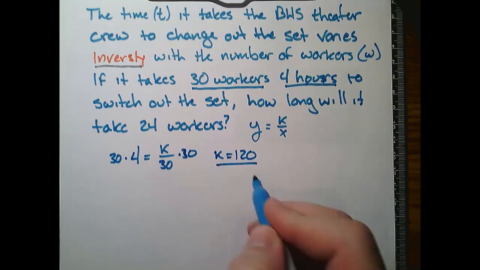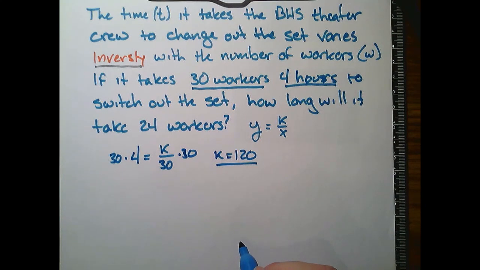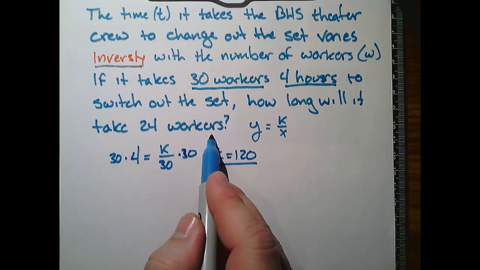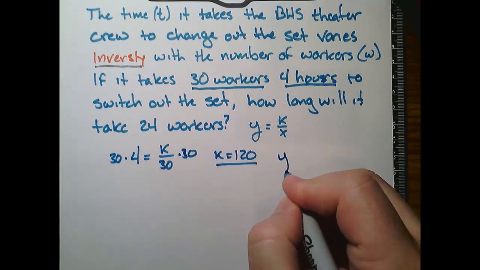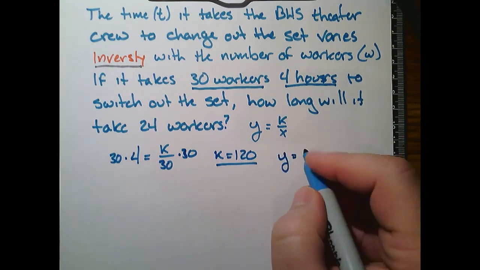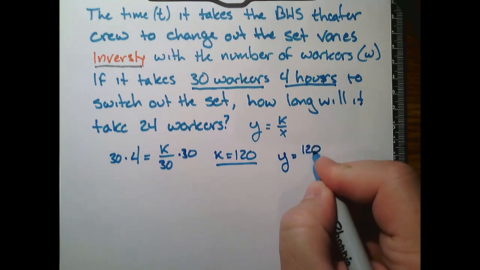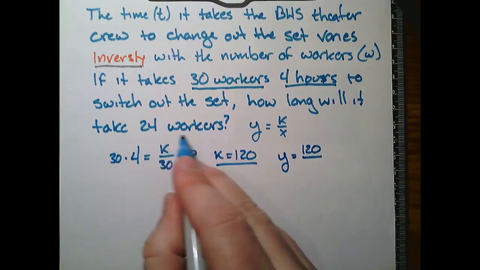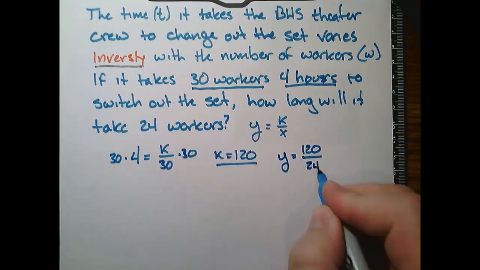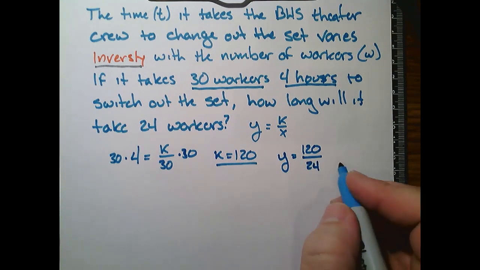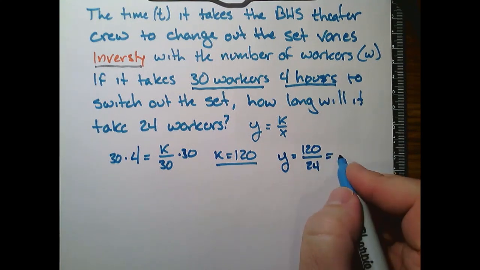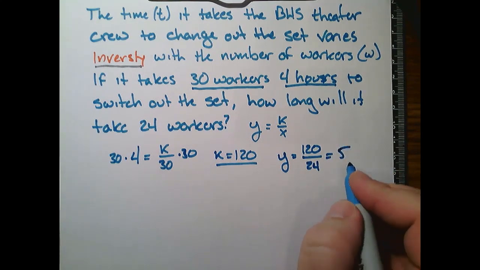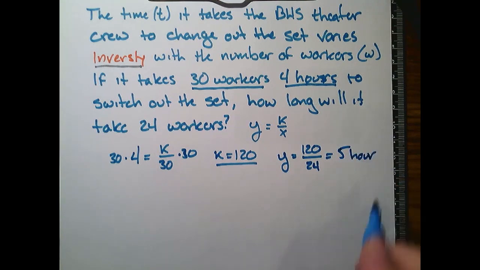So now that we have k, we can answer our question of how long it's going to take 24 workers. And that's simply going to be substituting our values in, y equals 120, because that's what k is, over 24, that's what our current number of workers is. And if we divide that out, we get 5 hours.